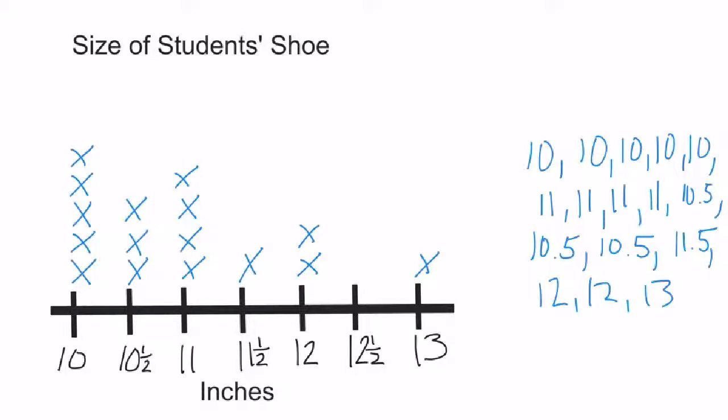And it's important to remember this. So when you're asked questions about students and their shoe sizes, these are the students. When you're asked questions about the biggest shoe size or the smallest shoe size, that's where your information is coming from.